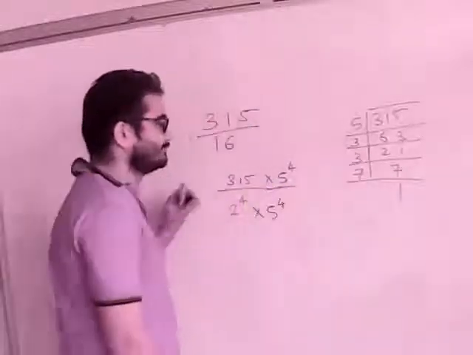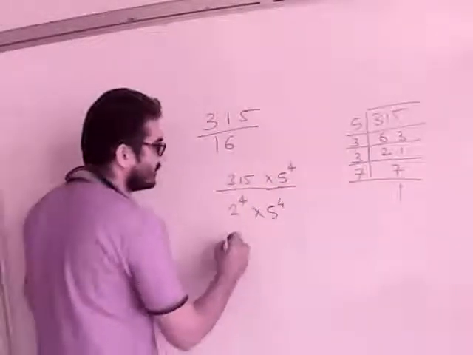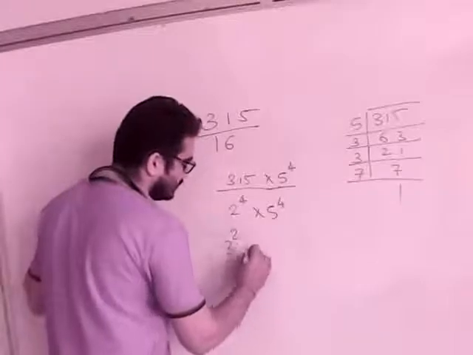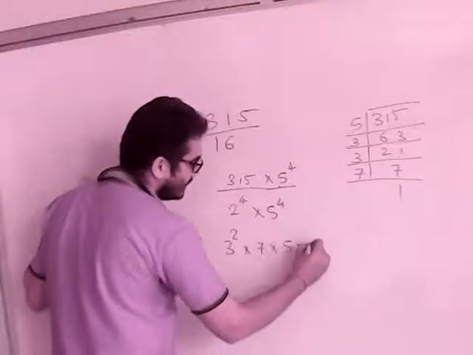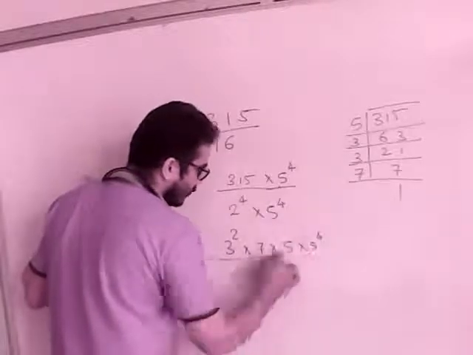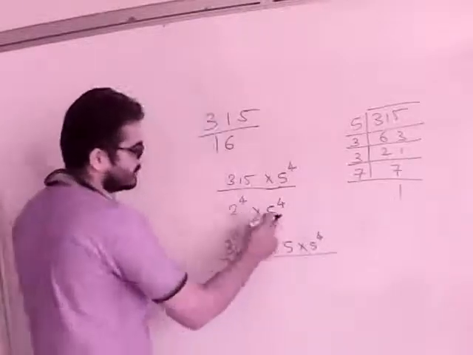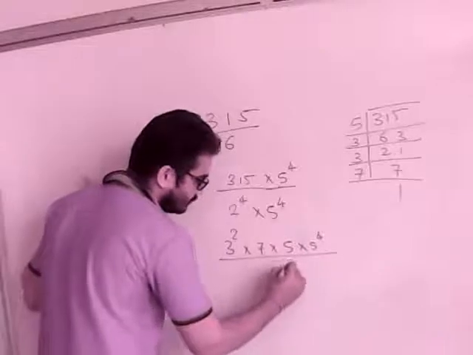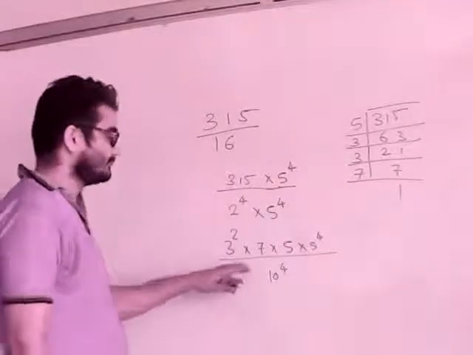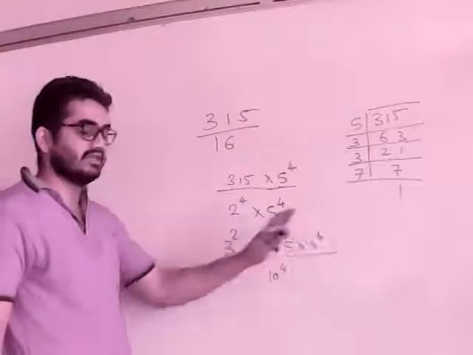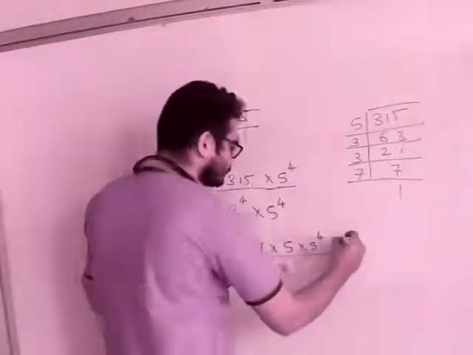So what are we having? We have got this as 3 square into 7 into 5, into 5 raised to 4, upon this becomes 10 raised to 4. Now what? अब यहाँ पे 5 raised to 4 है, so that will be 5 raised to 5.